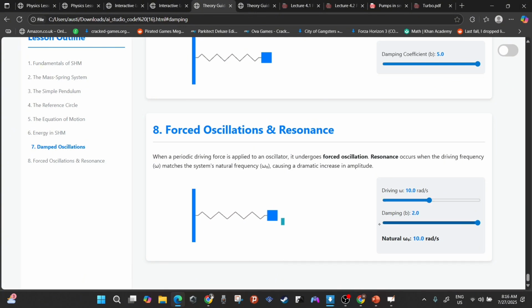Well, first I want to see something. What happens if we increase the driving frequency? You see, even though we're past the point of resonance, the amplitude is not the same. You might have thought, oh, if we just increase the driving frequency, it'll just go faster, but it only goes basically as crazy as it can at the natural frequency.